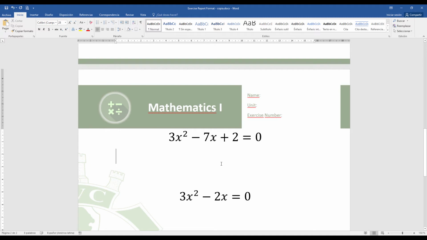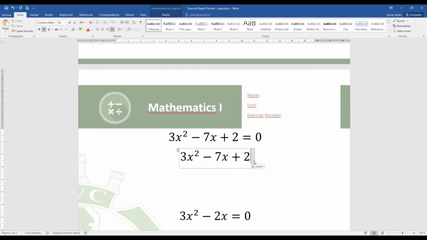The next one. Again, you need to check what kind of exercise it is. In that case, if you have a coefficient different from 1, it can be ax squared plus bx plus c, so you need to check the factors of that. 3x squared can only come from 3x and x, and the factors of 2 are only 1 and 2.